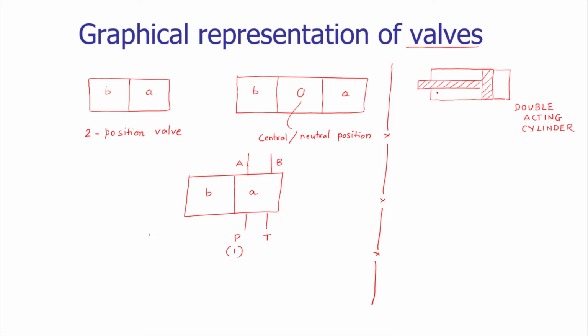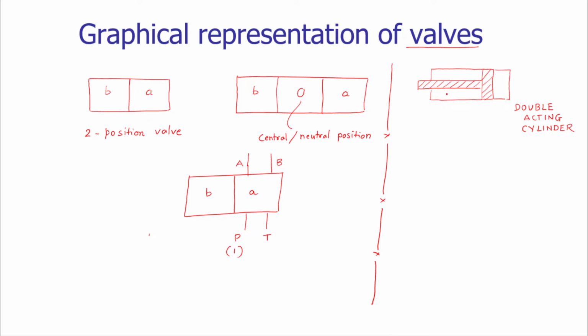Now to actuate this, we apply the fluid energy at the top side. There would be extension of the cylinder, the piston will come out. And the pressurized fluid which is at the rod side has to be moved to the tank. Now in the next position, we need an arrangement which makes retraction of the cylinder possible.